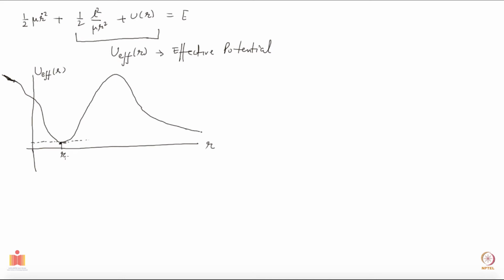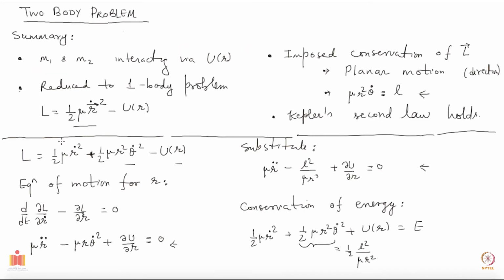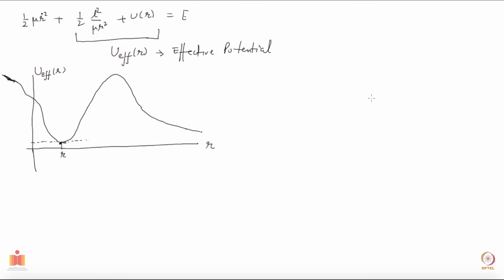So the particle always stays here, which would mean that the particle is going to move in a circular path, right? See, theta is still going to change with time. Our theta dot was not zero, let's go back here. So you had a non-zero theta dot, so theta is going to change with time. So the particle is moving in the plane with theta changing, but its radius never changes, which means it's going to move in a circle. Okay, so that's one possibility.